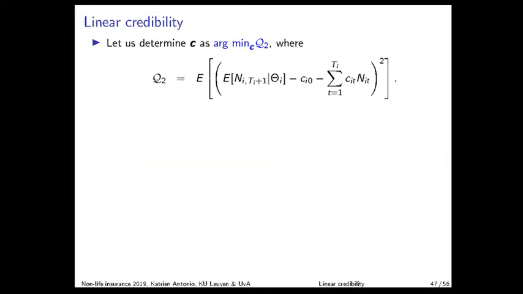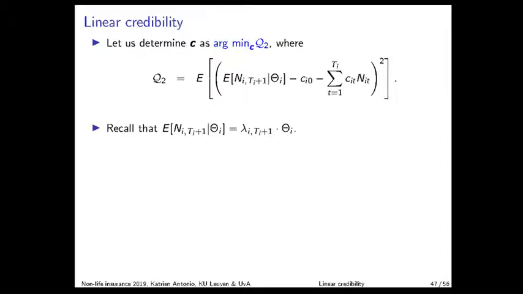So, relying on the demonstrated equivalence between the three minimization problems, we will now focus on determining the coefficients used in the linear combination in the linear predictor. We're going to do that by minimizing criterion Q2.